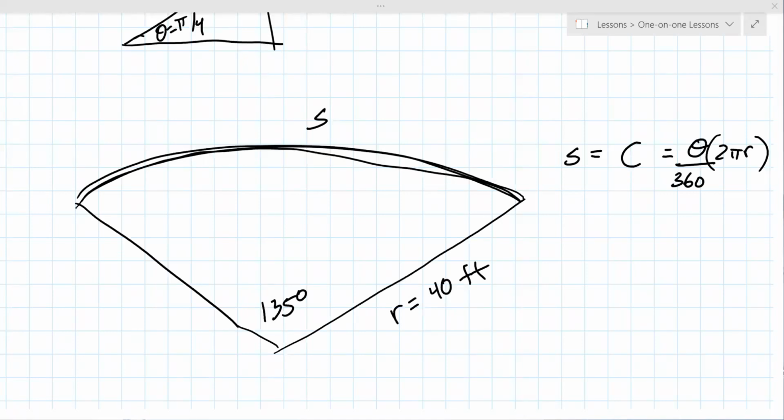Can I use a calculator on this? You can, but you should be able to reduce 135 over 360. Oh, yeah. By 5.